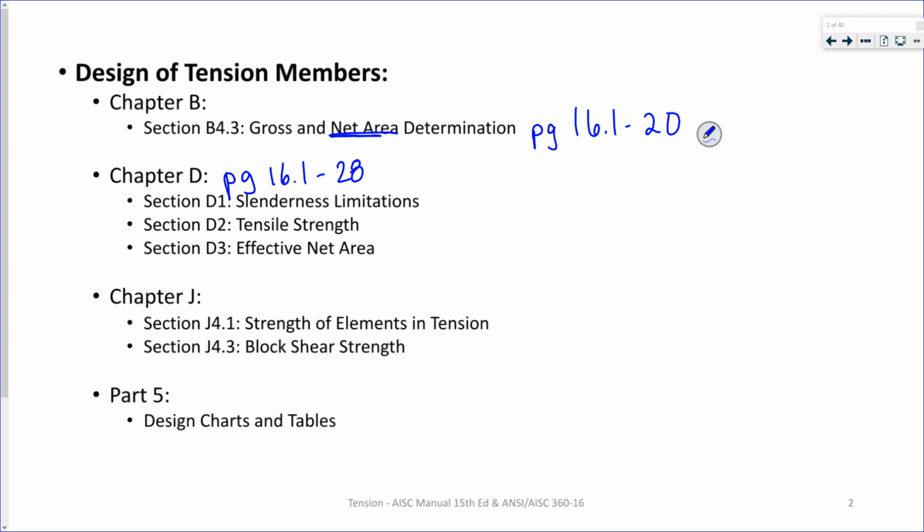B2 talks about loads and load combinations, and it says go look at ASCE 7. Turn the page, 16.1-12. It'll talk about the load and resistance factor design, which is what we use, and ASD, and those basic design equations with the phi factors or the omega factors.